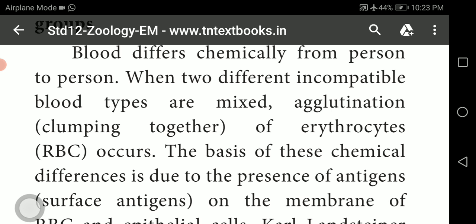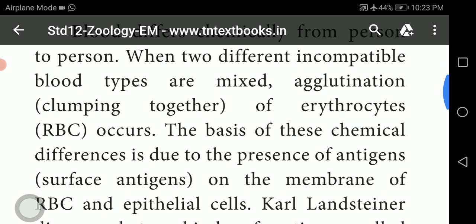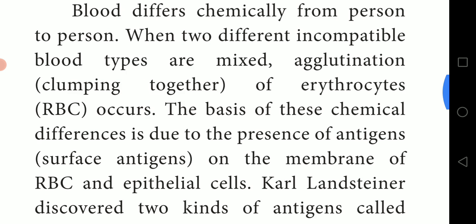When two different types of blood groups are mixed together, the erythrocytes undergo agglutination. What do you mean by erythrocytes? RBC. The RBC undergo clotting. That is what we call agglutination. The basis of these chemical differences is the presence of antigens on the membranes of RBC and epithelial cells.